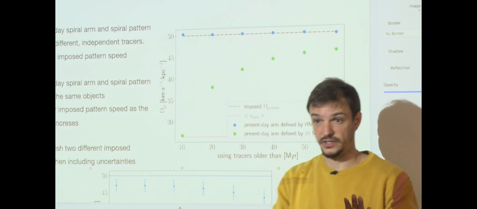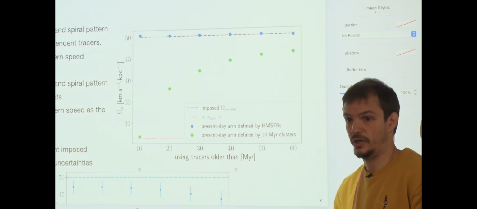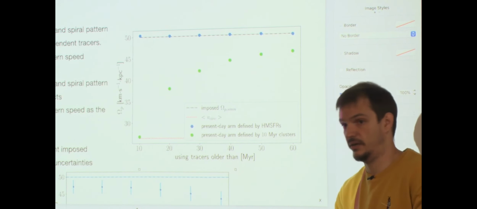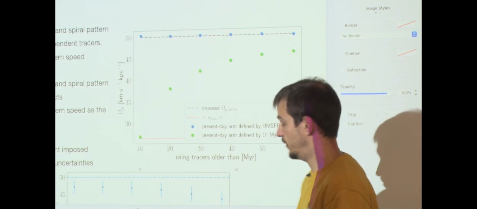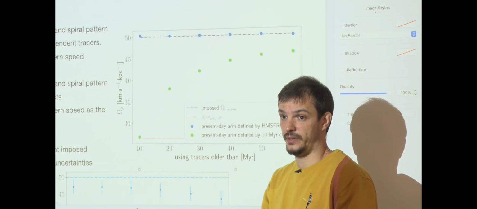If we don't have these different tracers, or the high mass star forming regions are not young enough, I don't know, or the ages of the clusters are not well constrained enough, I don't know, then they are not fully independent tracers.